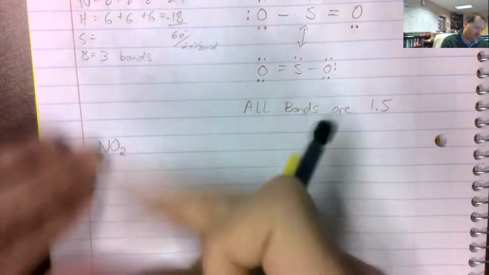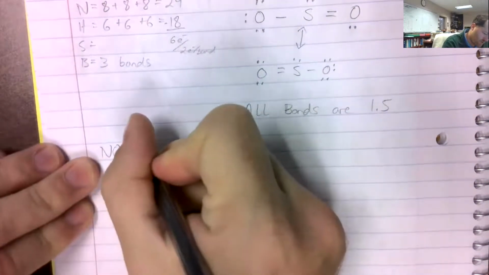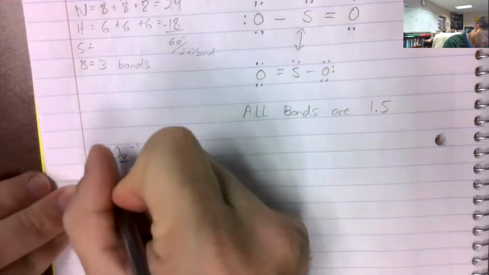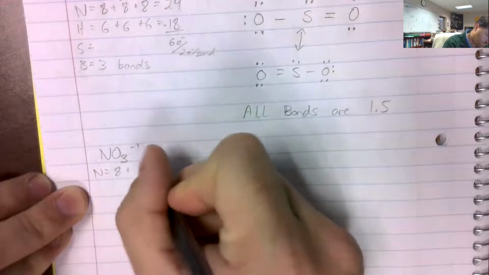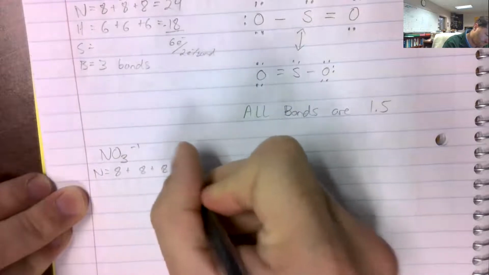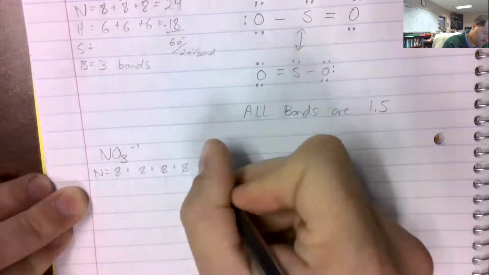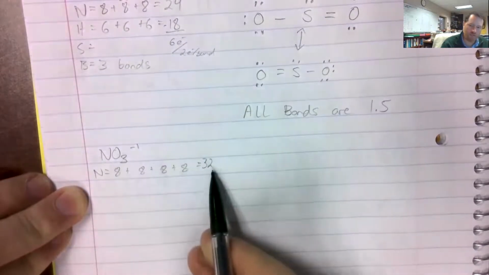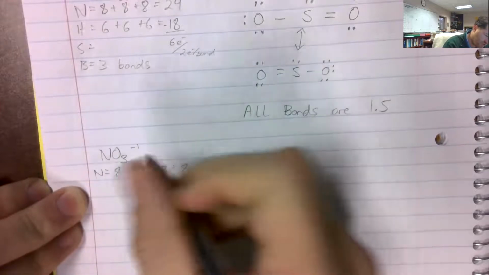All right, one last example for you. NO3 -1. They all need 8. It's a total of 32 electrons needed.